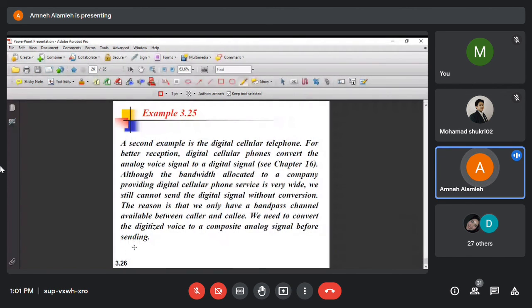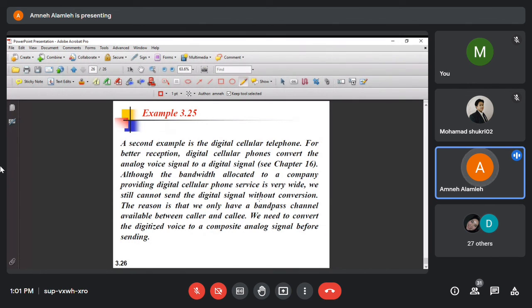A second example is the digital cellular telephone. For better reception, digital cellular phones convert the analog voice signal to a digital signal. Although the bandwidth allocated to a company providing digital cellular phone service is very wide, we still cannot send the digital signal without conversion.